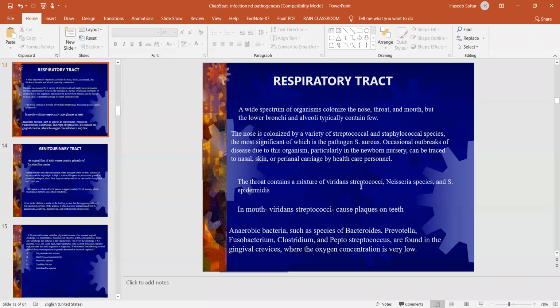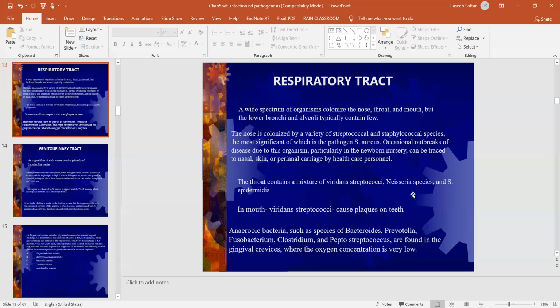If one person has an infection, especially nasopharyngeal, then through sneezing and coughing, via droplets, these bacteria can spread in the atmosphere and affect other people as well.